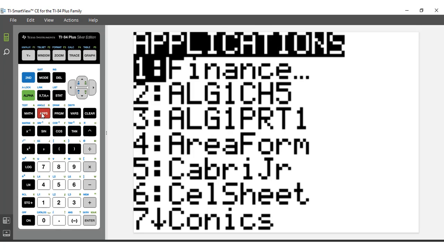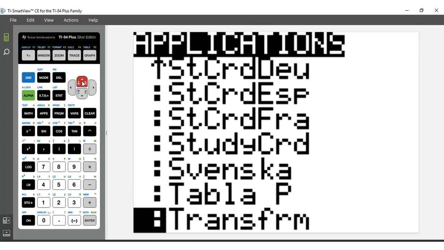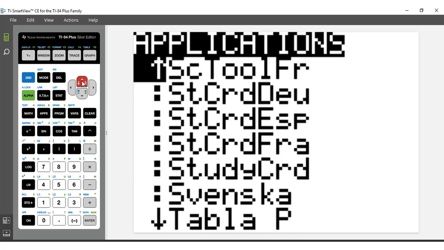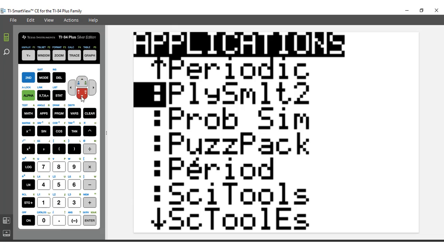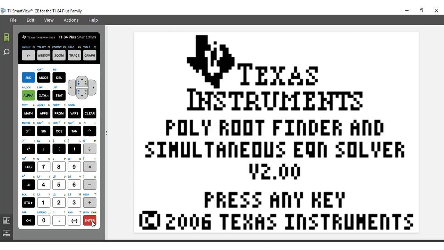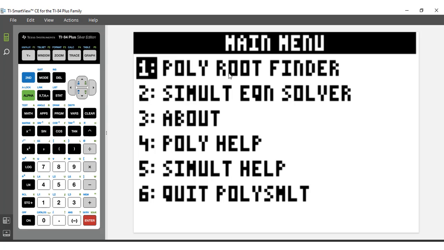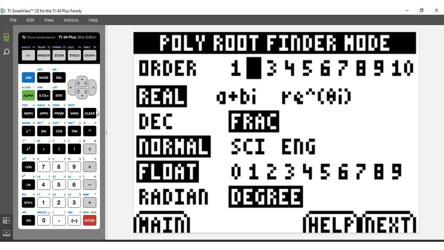So we go to apps. Look for PlySmlt2. It's here. So we press enter. Polyroots finder. Enter. This is x to the third power, so we press enter. Then just go to this next.